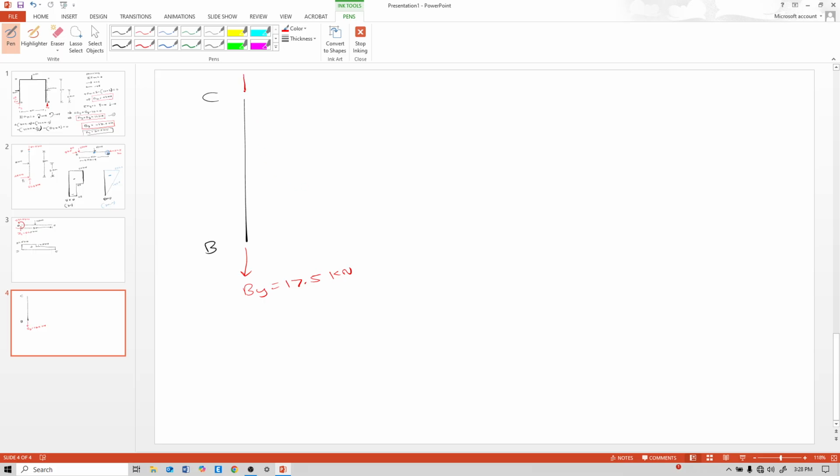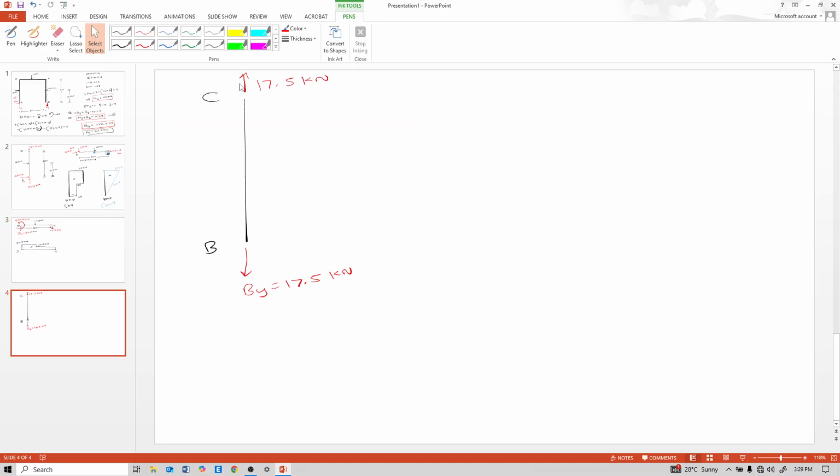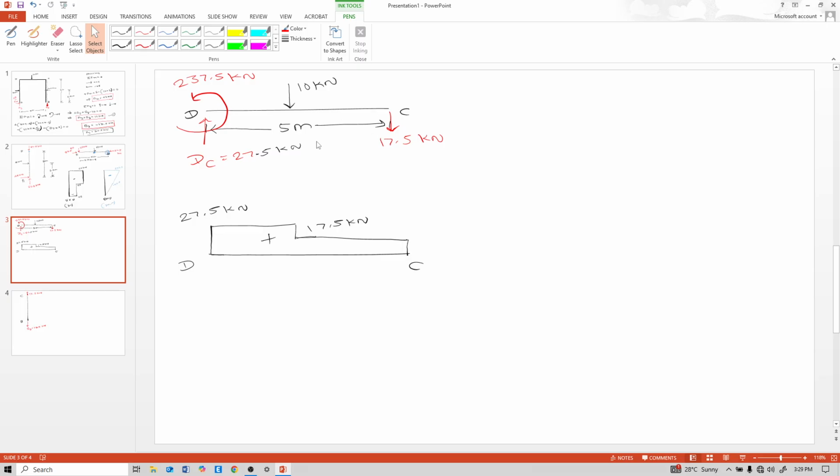So equal and opposite is upward 17.5 kilonewton, and here C, like this, 17.5 kilonewton. This is upward, that means this is downward, equal and opposite.